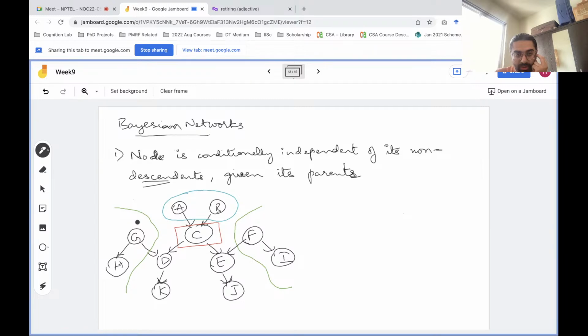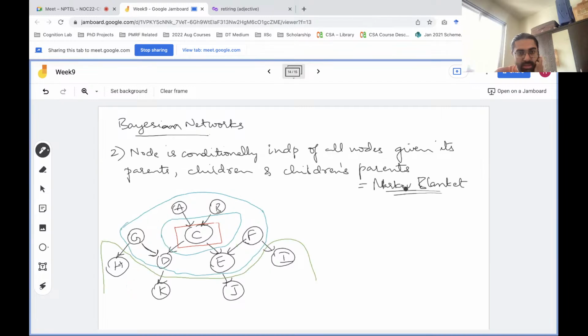The other property is that a node is conditionally independent of all the nodes given its parents, its children, and its children's parents, which is called the Markov blanket. So this blue thing is the Markov blanket of node C. What we're saying is that this node C is free of all the other nodes in the network if you give its Markov blanket.